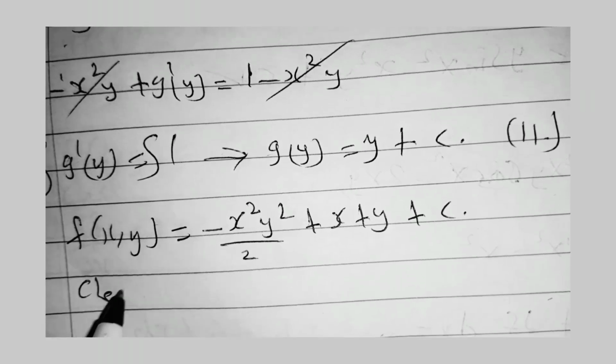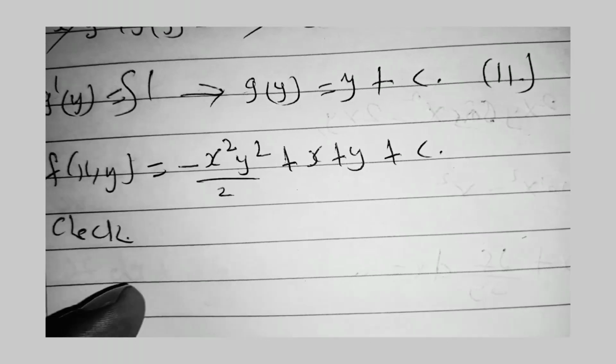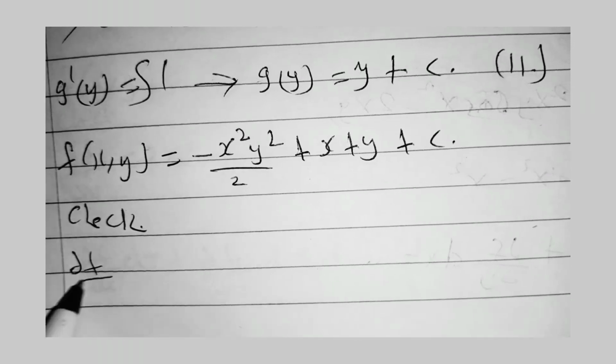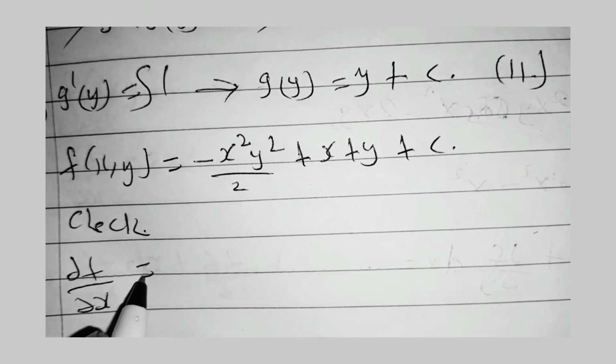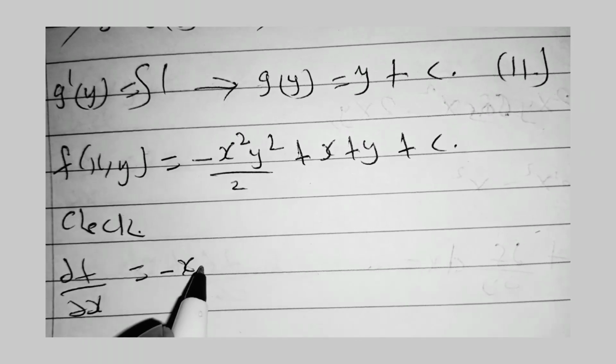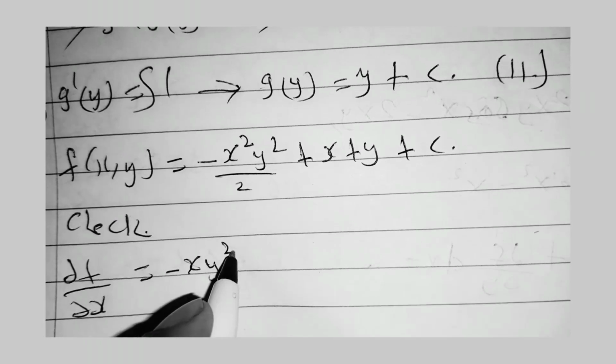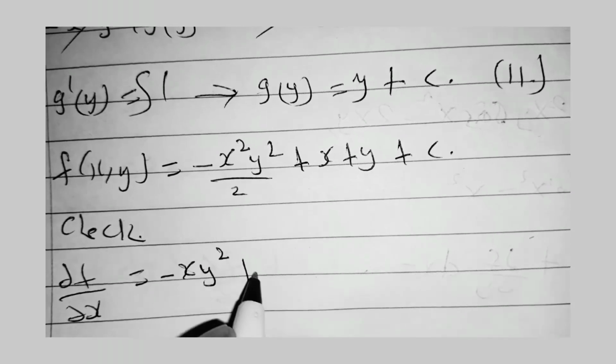If you want, you can check your working. You can check by differentiating this equation partially. So you have df by dx. This will give you negative xy squared plus 1.